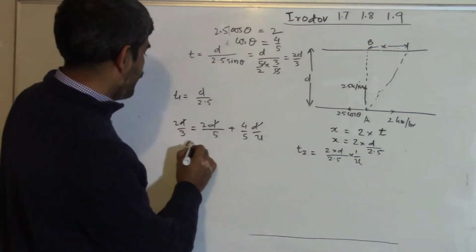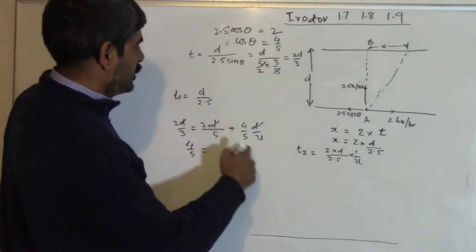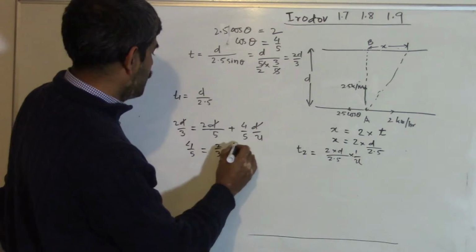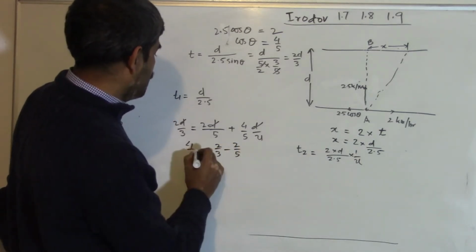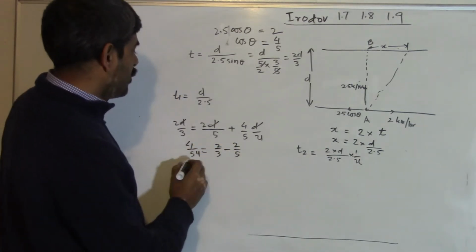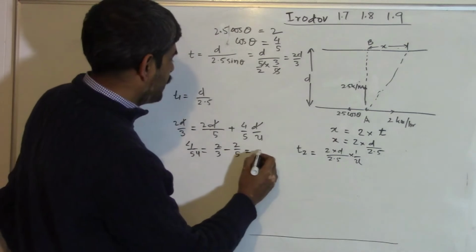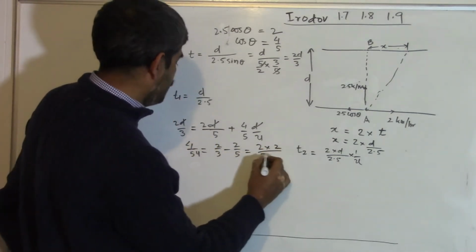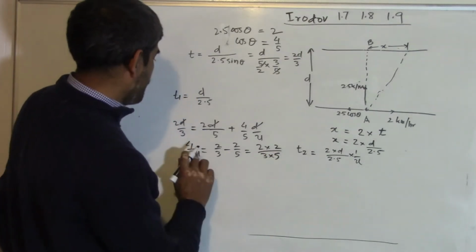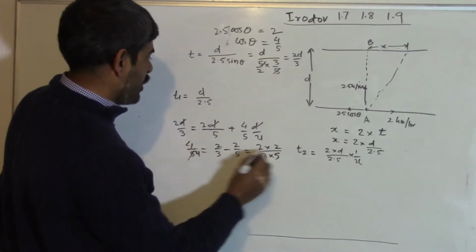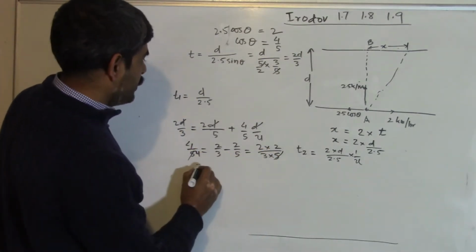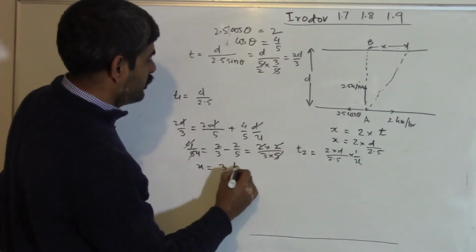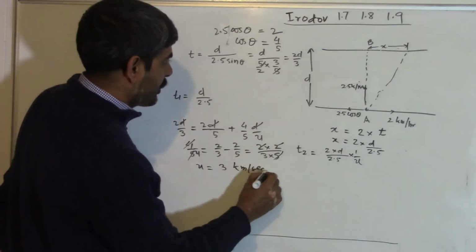We get 4 by 5u equal to 2 by 3 minus 2 by 5, or we can write it as 2 into (5 minus 3) over 3 into 5. 5 cancels, and 4 cancels. We get u is equal to 3 kilometer per second.